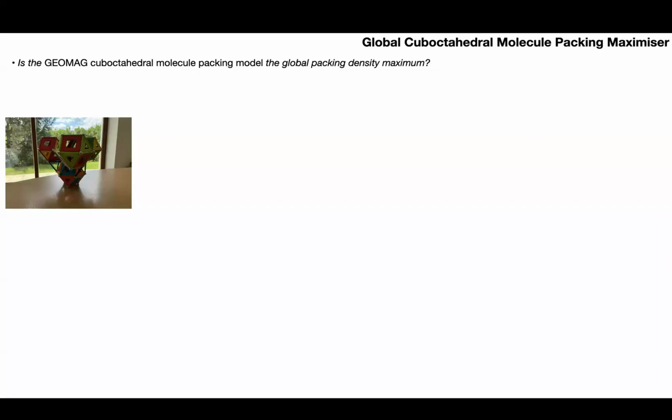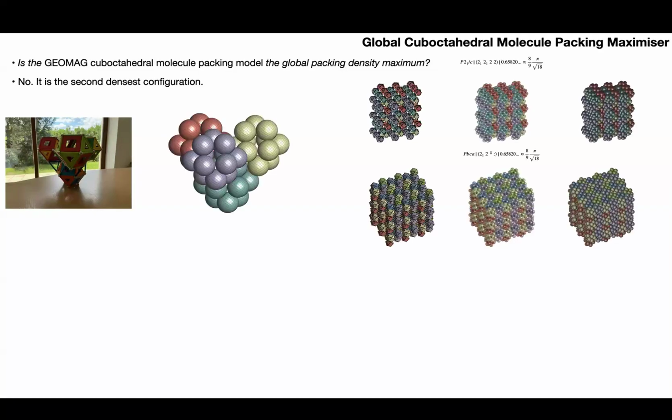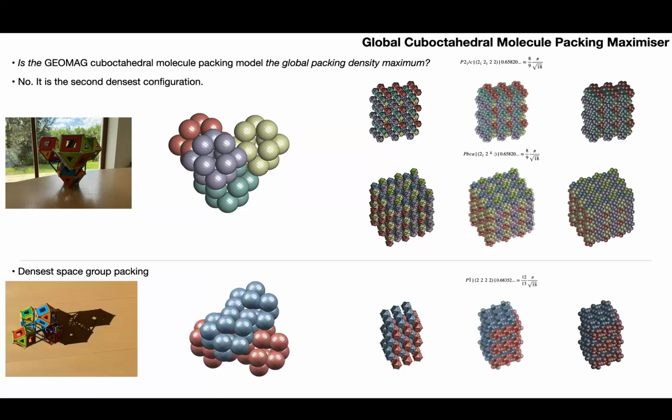So come back to the question: is this the densest stacking? Is it the second densest stacking? This symmetry is PBTA or P21T. The densest packing was, the Gell-Mann model actually looks like this, with two lines crossing each other of two tetrahedra.